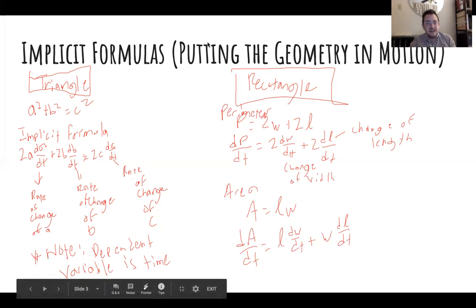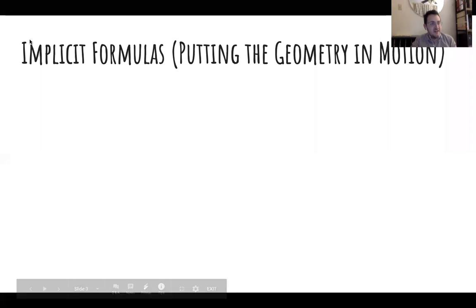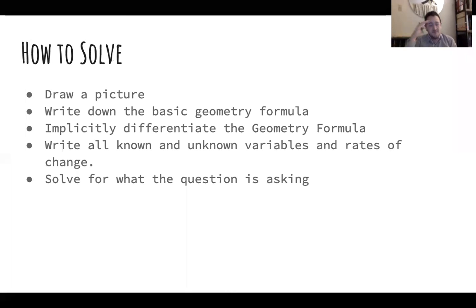All right. Let's take a look at some problems now. But before we do that, I want to give a roadmap and some steps you should do. Just like if we had these word problems in geometry, I would have you draw a picture of the situation. So make sure that you have the basic geometric shape.